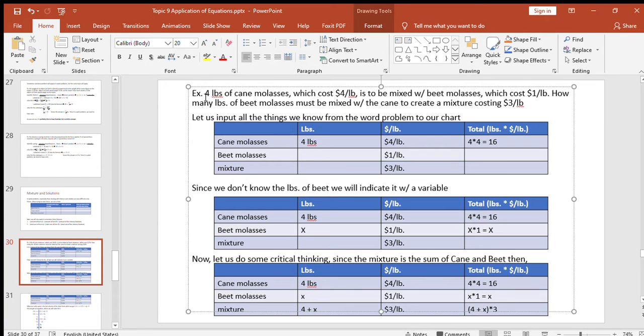Let's get back to the problem. 4 pounds of cane molasses, which costs $4 per pound, is to be mixed with beet molasses, which costs $1 per pound. How many pounds of beet molasses must be mixed with the cane molasses to create a mixture costing $3 per pound? So what do we do?